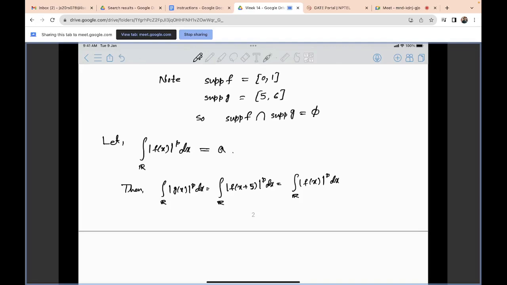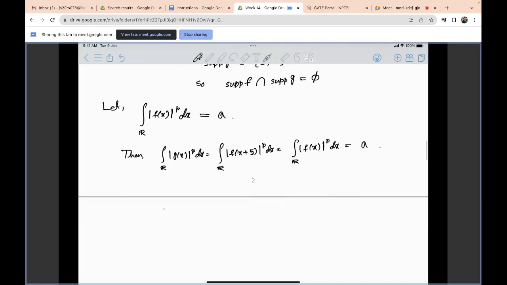This is again A. So we get both integrals of f and g to be A. We have shown f is continuous and both integrals are finite, so f and g belong to X.